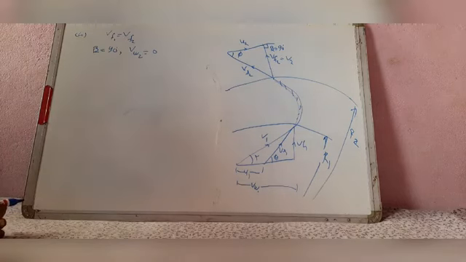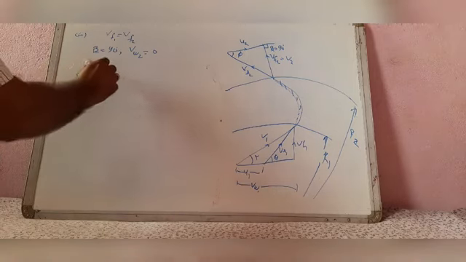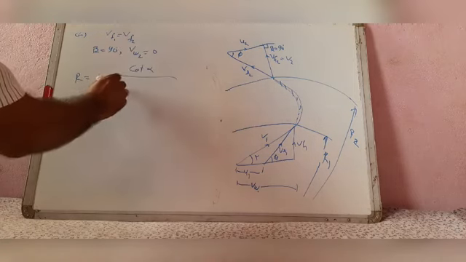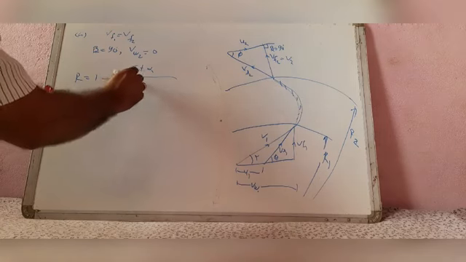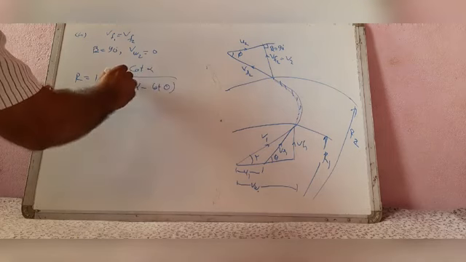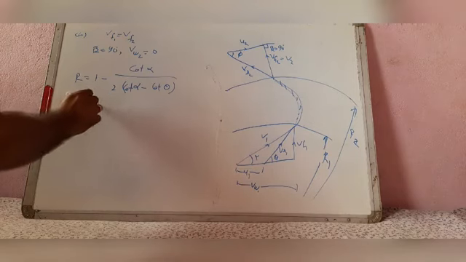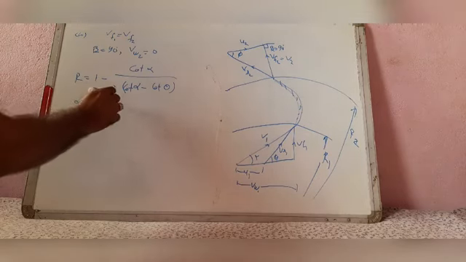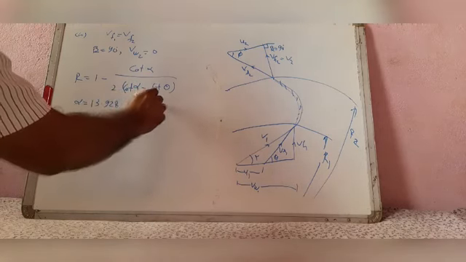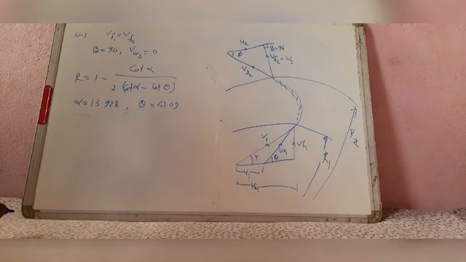The degree of reaction is given by equation R equal to 1 minus cot alpha divided by 2 into cot alpha minus cot theta. Okay, here alpha equal to 13.928 and theta equal to 41.09. We have just calculated.